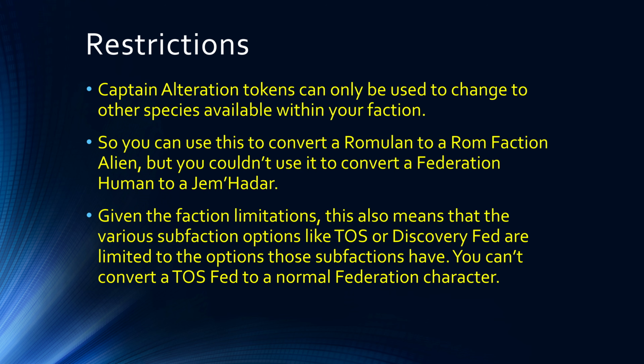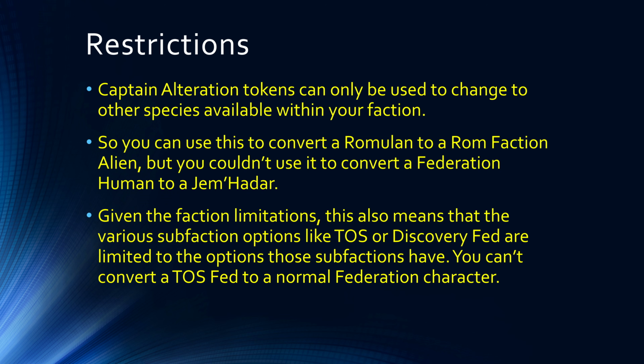And given the faction limitations, this does also mean that if you have a Federation sub-faction character, for instance, one that is a TOS or Discovery character, you are limited to the options available to that sub-faction. You cannot go in and convert your TOS or Disco Fed over to a normal Fed. So keep that in mind that there are limitations to what you can do with these.